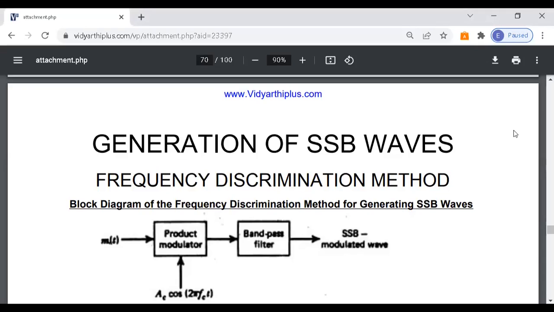Okay. So the question I had was: why single sideband modulation?